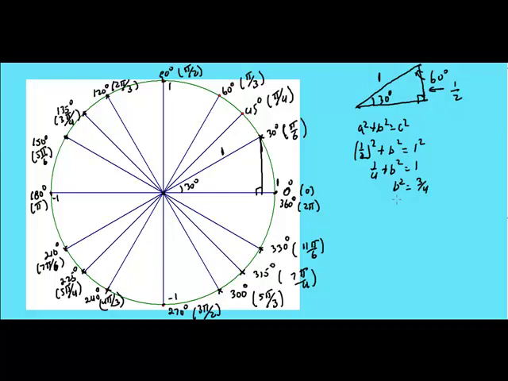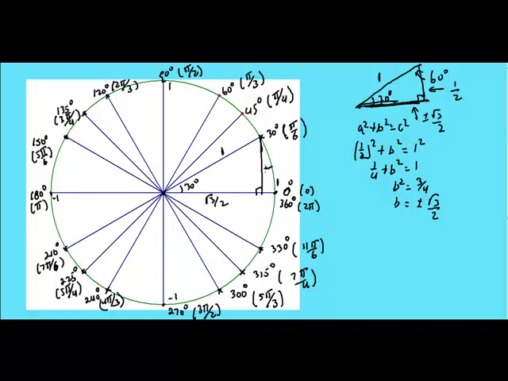Okay, and then when I take a square root of that, I'm going to get b is equal to plus or minus rad 3 over 2. So what that means is this side right here is either plus or minus rad 3 over 2. Since it's going to the right, this will be positive rad 3 over 2.